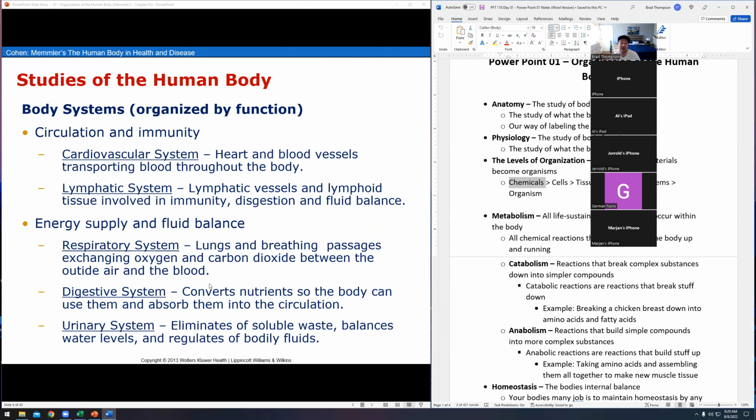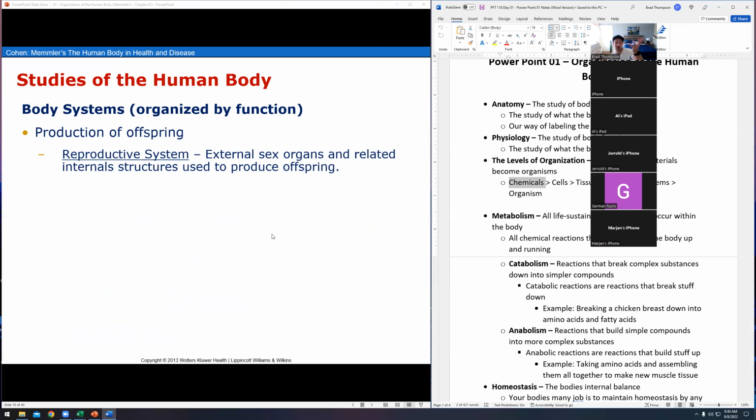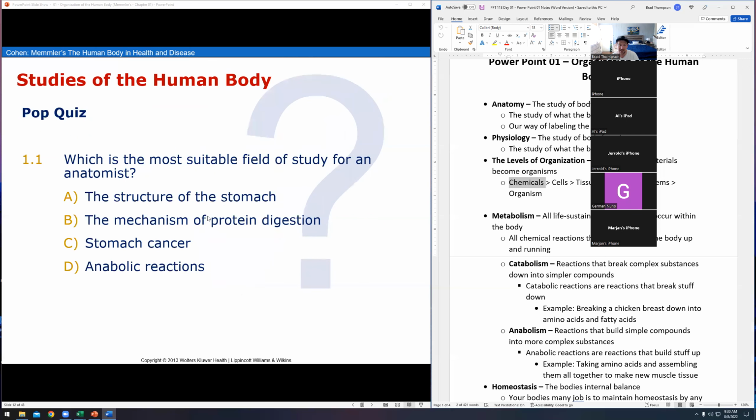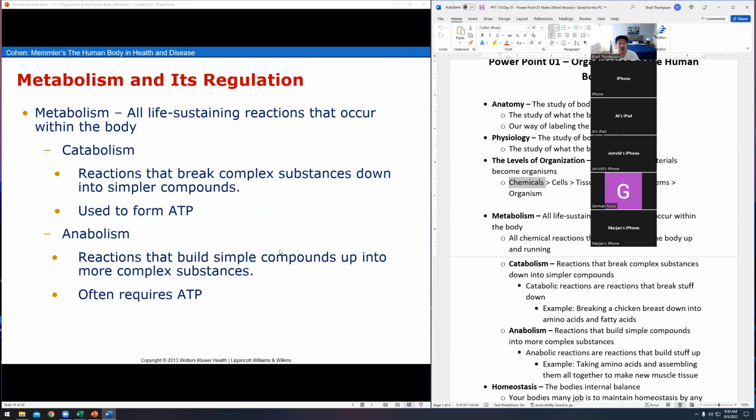Then we got our urinary and also parts of the digestive system that's also responsible for getting waste out of the body. And then we've got our reproductive system, everybody's favorite, that we are not going to be talking about. But all of those systems come together to make up the science of us. And so we're going to be talking a lot about that science over this 12-day class.